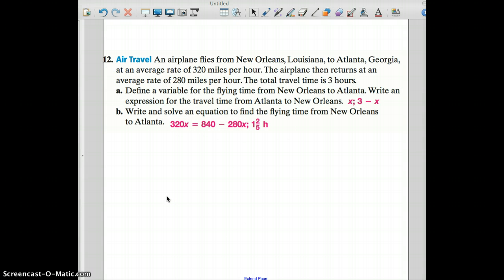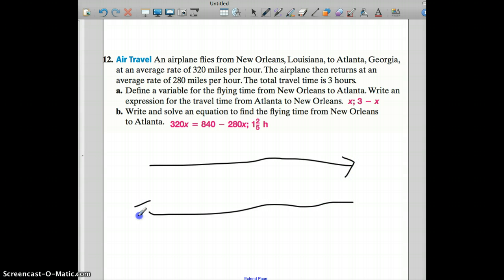Here we're looking at airplane travel again with question 12. Now notice we're flying from New Orleans to Atlanta, Georgia, and then back. Okay? So here's Atlanta, and here's New Orleans.